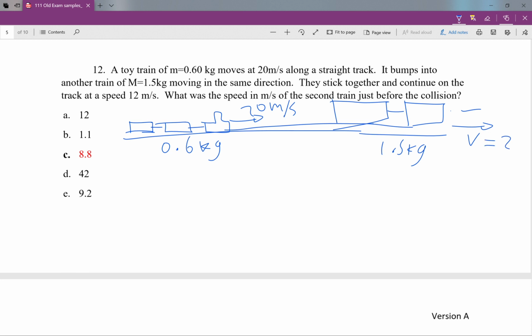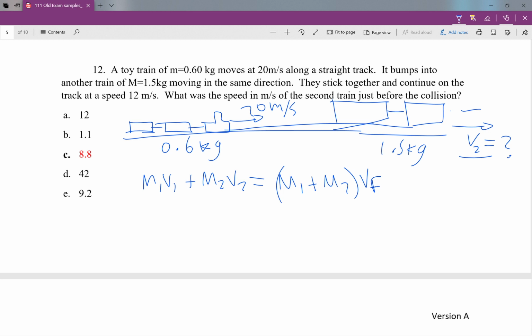So basically, what's V? We know the initial speed for the first train, and we know the final speed for both, because they're going to stick together. Then we have to use conservation of momentum in this way. m1 v1 plus m2 v2, let's call this v2 over here, equals (m1 plus m2) multiplied by v final.